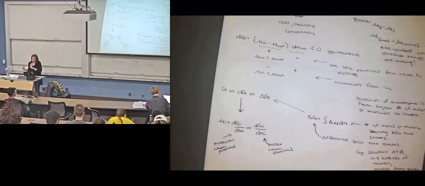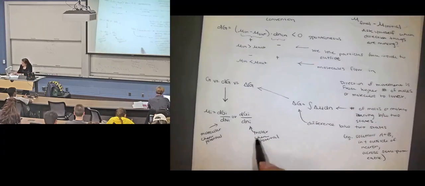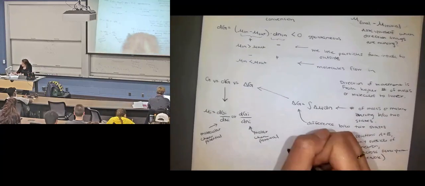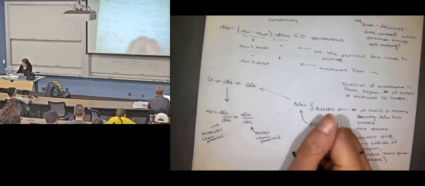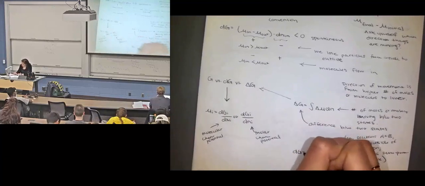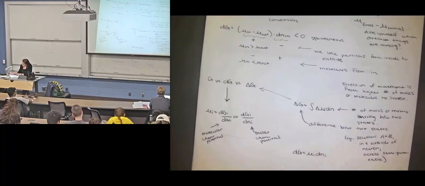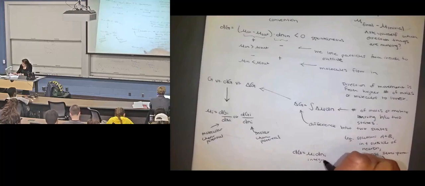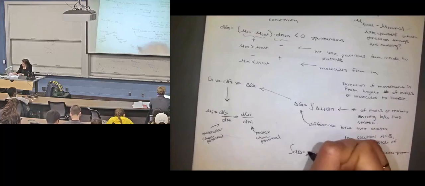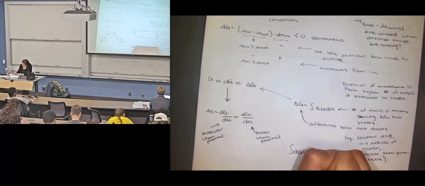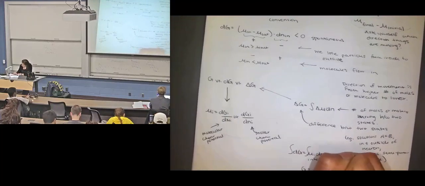And I can always switch back and forth by dividing the number of molecules by Avogadro's number. If you rearrange this, as I did on the board, you get dG equals mu sub i dn sub i, and you integrate. This is free energy equal to the chemical potential of species i times the number of moles I have of species i.